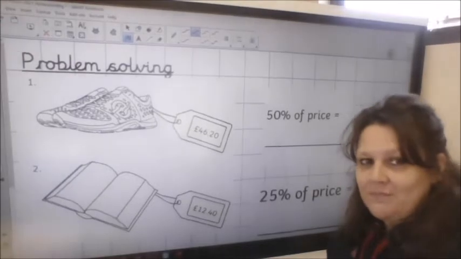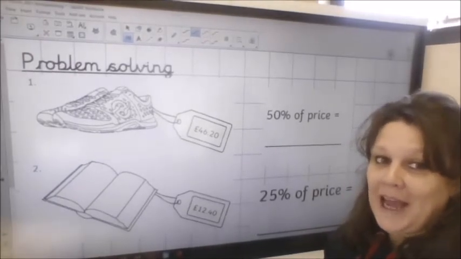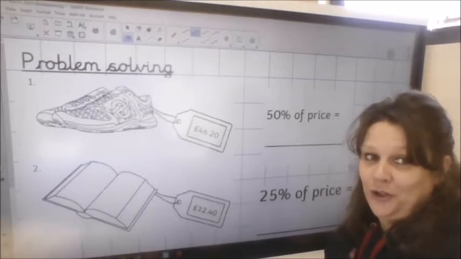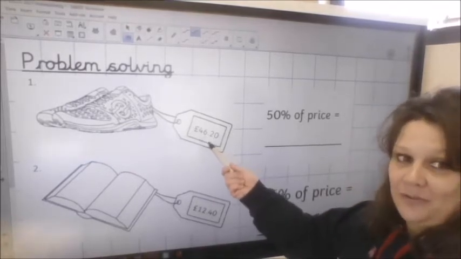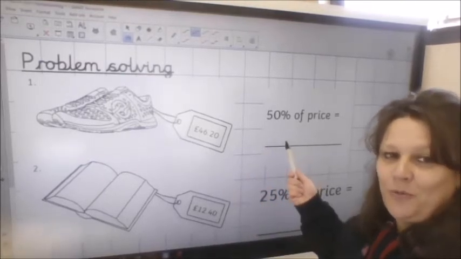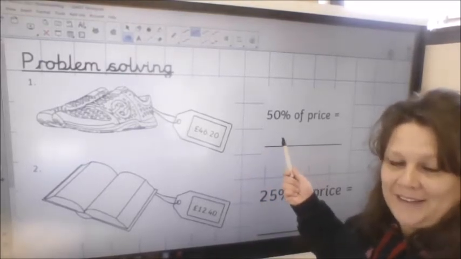So you know now how to work out 50%. You simply divide by 2. So you've got £46.20, divide it by 2, and you can work out what the new price is.